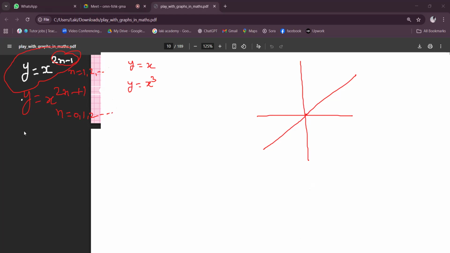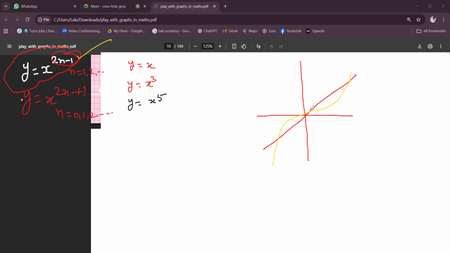Now you can see the graph of x cube, if you put n equal to 2, you will get x cube. X cube looks like this yellow graph, right? Now if you increase the power of n, you will get x raised to 5.